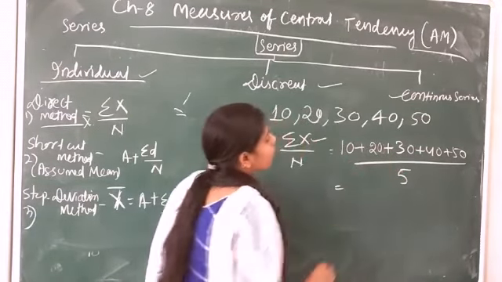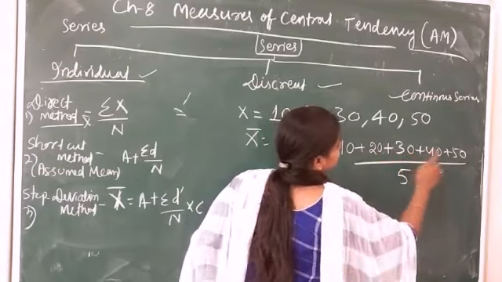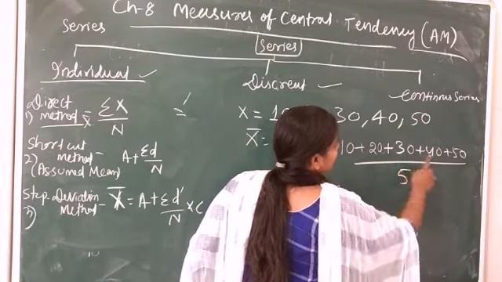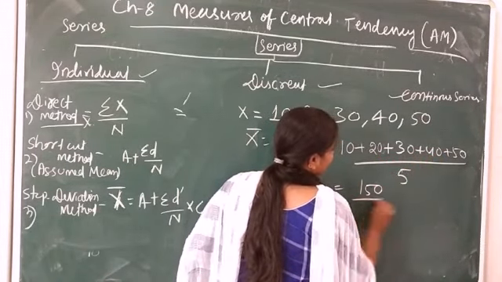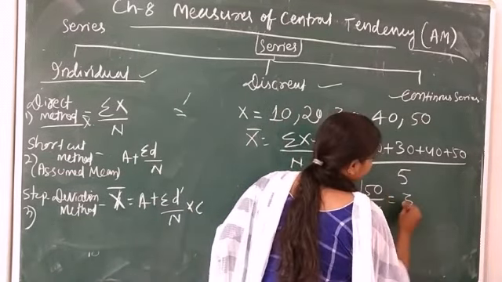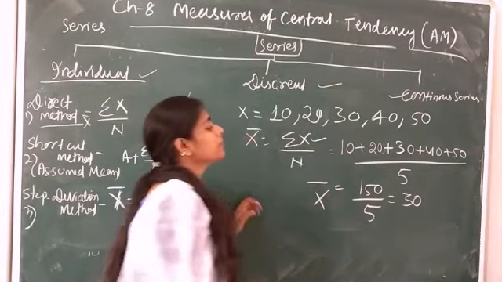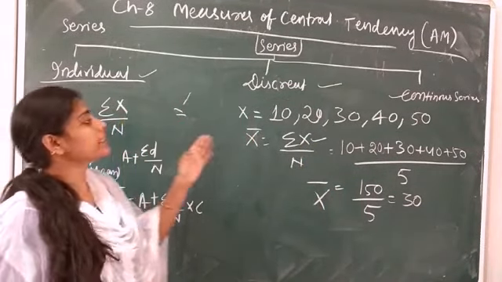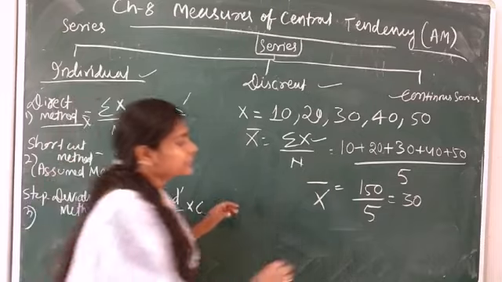Adding all the items gives 150, divided by 5, and the answer is 30. So the mean by the direct method of the individual series is 30.